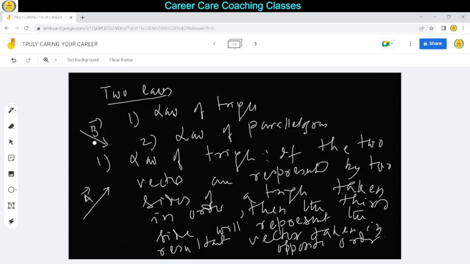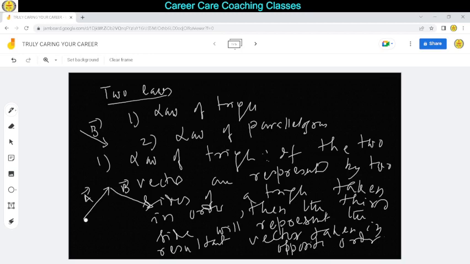From the head of A, we draw B, keeping the direction the same.